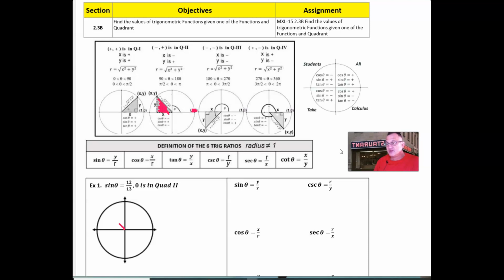This is r, and then I'm going to make my right triangle. That's 90 degrees, and that's theta.